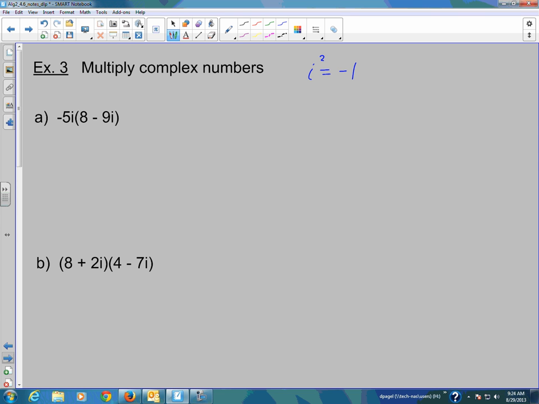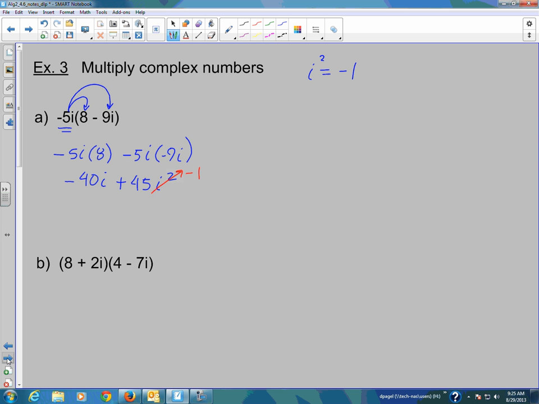All right, first one, we would distribute. We're distributing the imaginary piece to the real part and the imaginary piece to the imaginary part. So we have negative 5i times 8 and a negative 5i times negative 9i. Here's negative 40i. Here we get 45i squared. Now, what you can do every time you see an i squared is put a little line through it, make it a negative 1, just to remind yourself that that's what's happening.